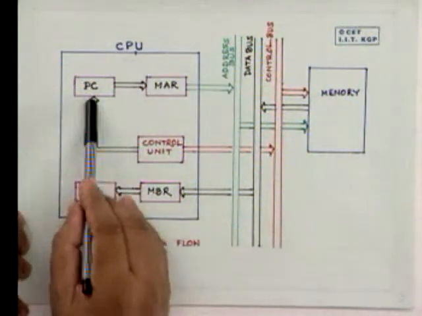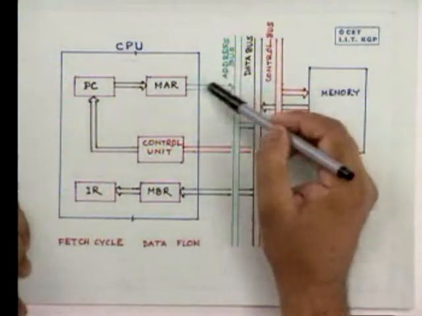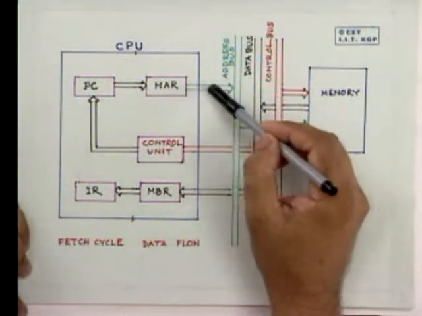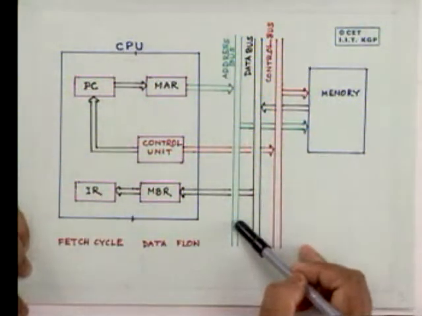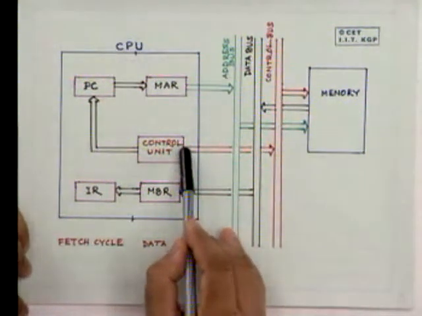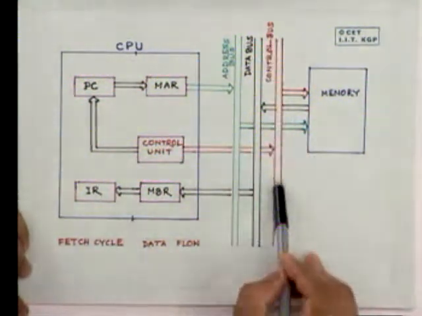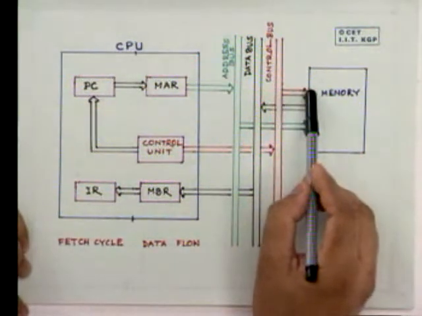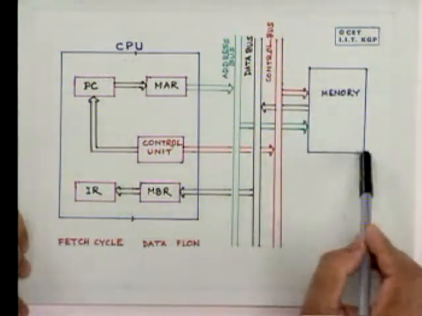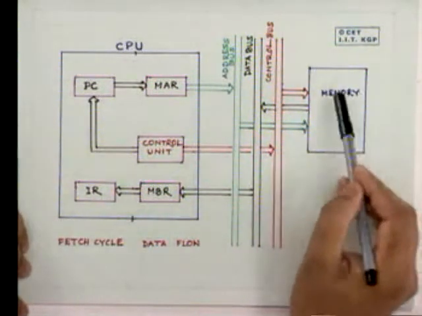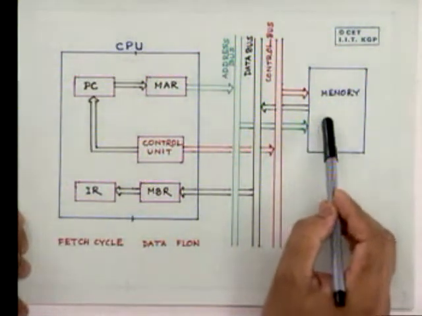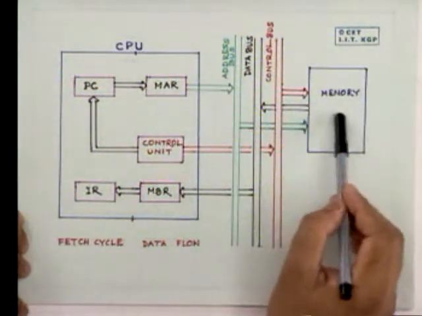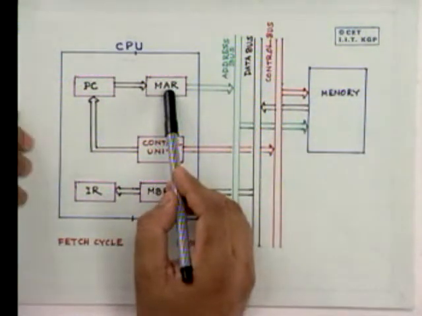Right. Now, the memory address register address is sent to the address bus. The control unit sends signals to the control bus, which tells the memory that a memory read cycle is involved. On getting that, memory takes the data from the location pointed to by the memory address register.